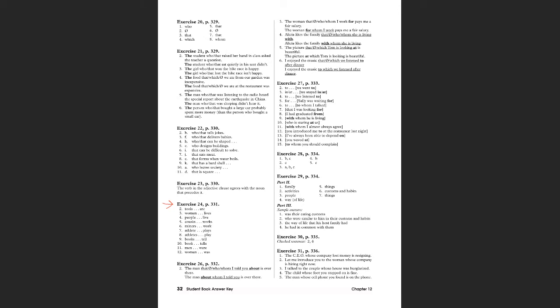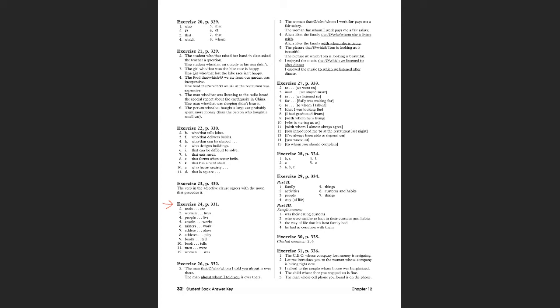So number 5, we underline cousin, and circle works. Number 6, minors, and we circle work. Number 7, athlete, circle plays. Number 8, athletes, and circle play. Number 9, books, circle tell.